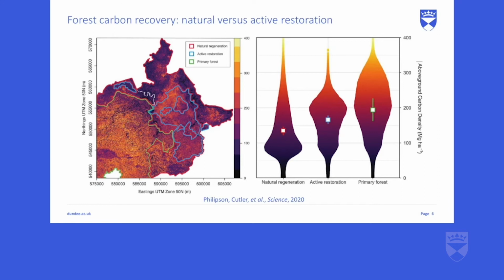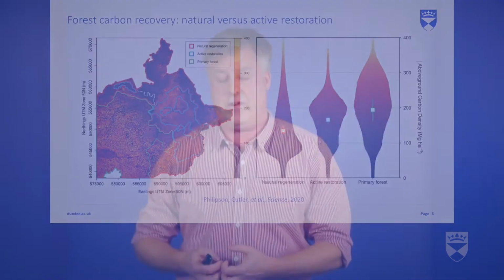In the forest that's been left to regenerate naturally, much lower levels of carbon. And in the middle, the areas of active restoration, you can see much higher levels of carbon. And we estimate that this has the impact of advancing the recovery of the forest by about 20 years, so that eventually the forest will, from a carbon point of view, get back to those areas of pristine forest.